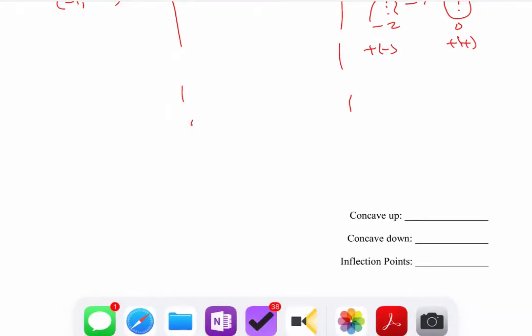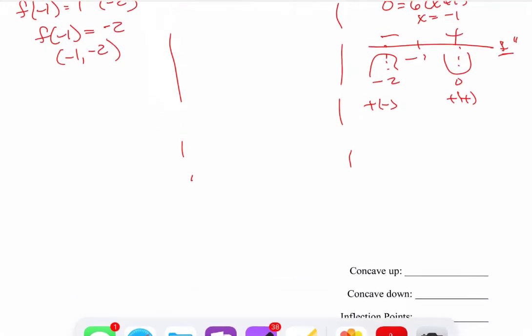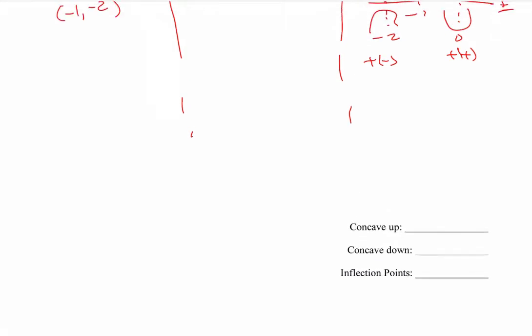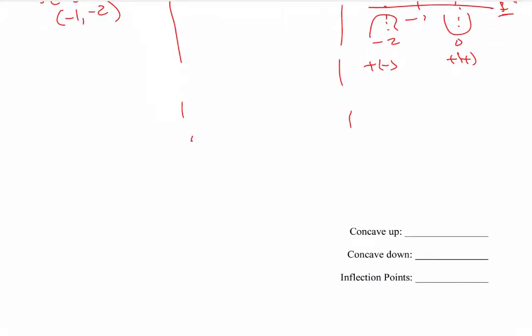So I'm concave up from negative 1 to infinity, and down from negative infinity to negative 1, and my inflection point is negative 1, negative 2.